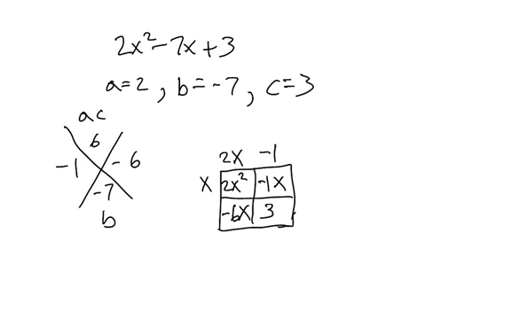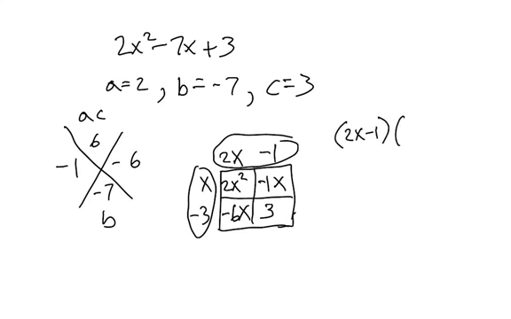We're going to fill in the last number here by thinking about what times negative 1 gives us a positive 3, and that would have to be a negative 3. So this row and this column represent our two factors. So our two factors would be 2x minus 1 and x minus 3.